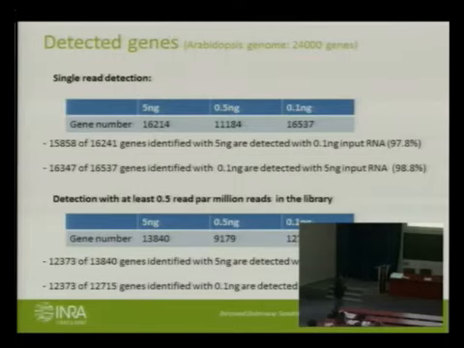When you make a cutoff of 0.5 reads per million, you have more or less the same results, once again, for the 5 nanograms and 0.1 nanogram, a little bit less for the 0.5 nanograms. So the detection of identified genes in the most expressed reads is really nice as well.